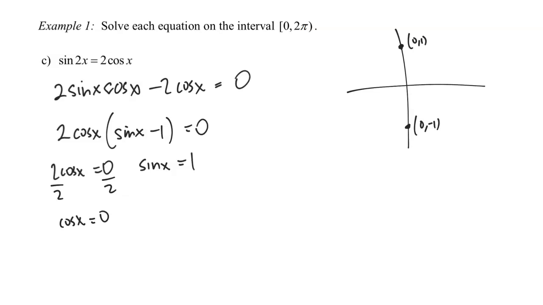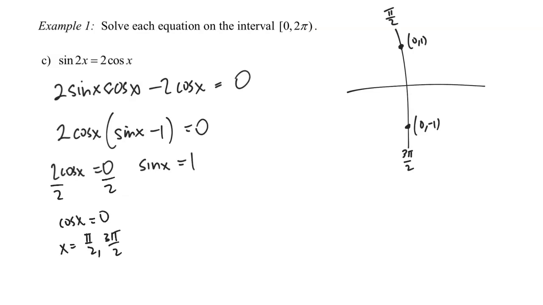And so what are those two angles? Pi over 2 and 3 pi over 2. That is where my x value is going to be 0, and remember that cosine is the x value, and so this is going to be x is equal to pi over 2 and 3 pi over 2.